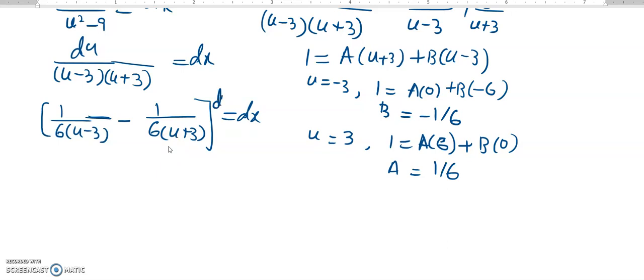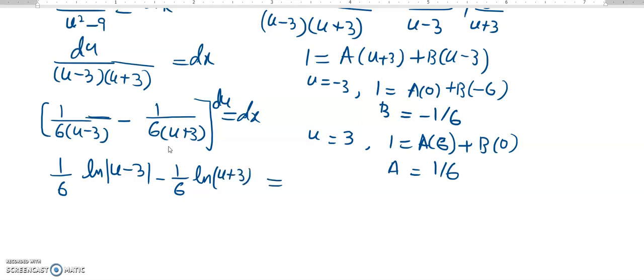So it will be du over here. So 1 over 6, integration will be log u minus 3 minus 1 over 6 log u plus 3. Okay, and then it will be x plus c.